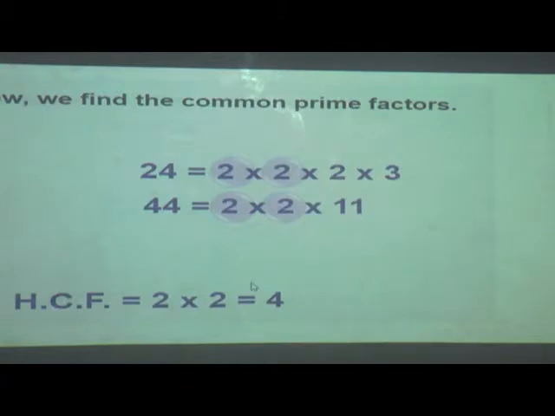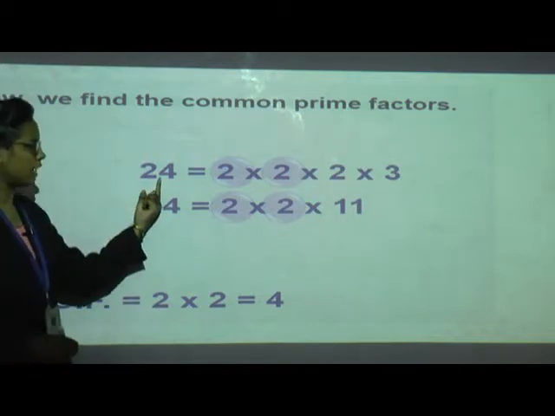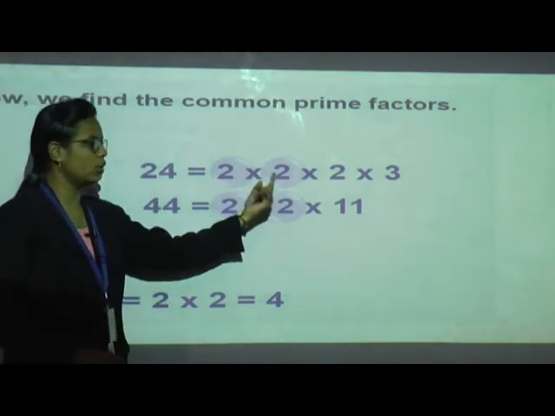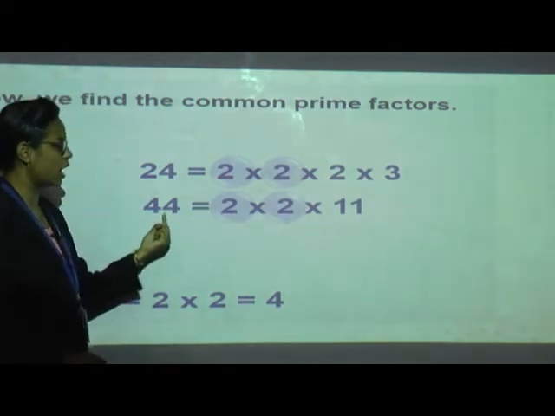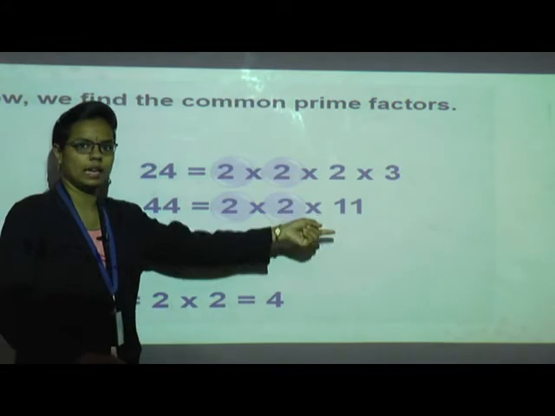Now after finding the prime factors, we have to find the common prime factors. As shown here, the prime factors of 24 are 2 into 2 into 2 into 3, and the factors of 44 are 2 into 2 into 11.